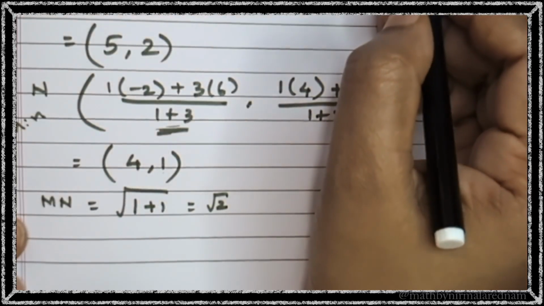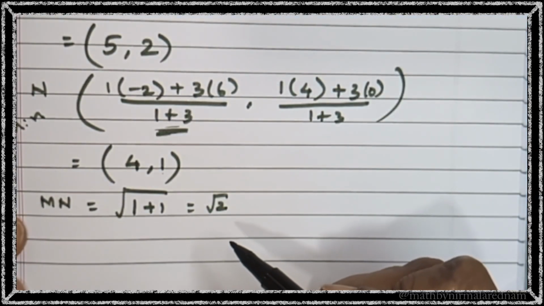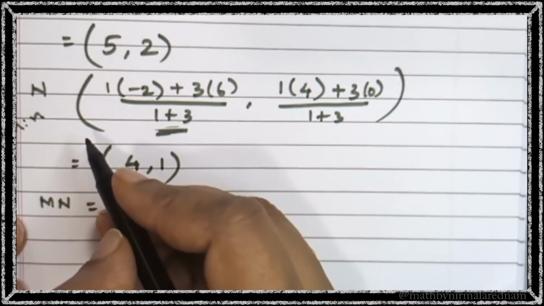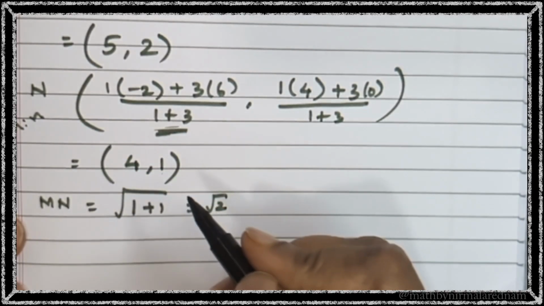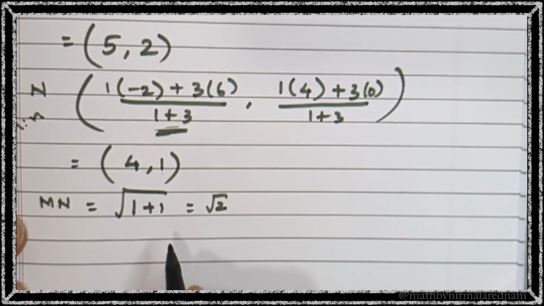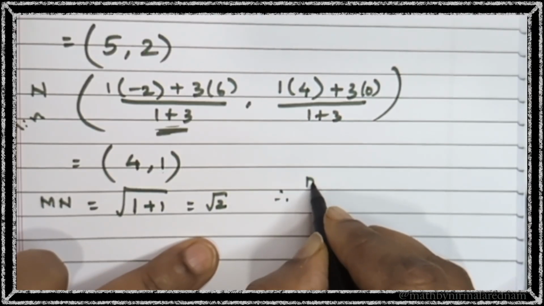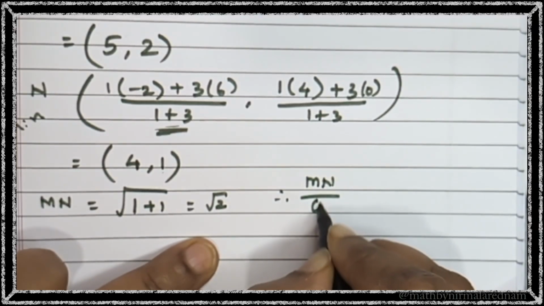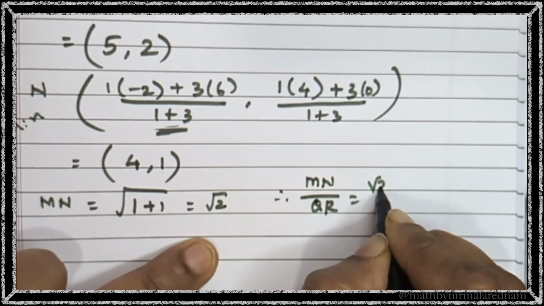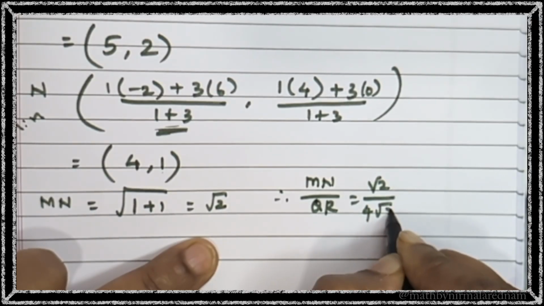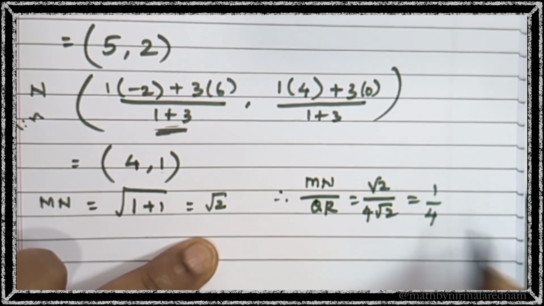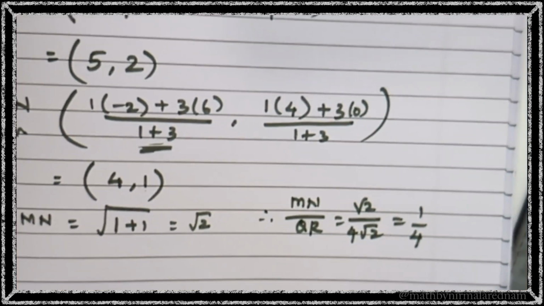If they don't give that information, we wouldn't be able to infer the ratio in which N divides PR. Okay, now I have MN also. Therefore, MN by QR is root 2 by 4 root 2, which is 1 by 4. So that is the required ratio.